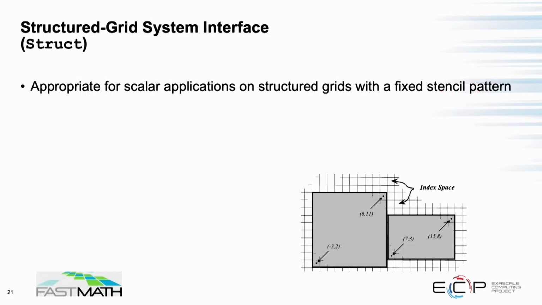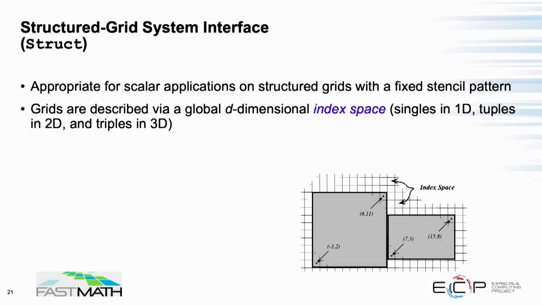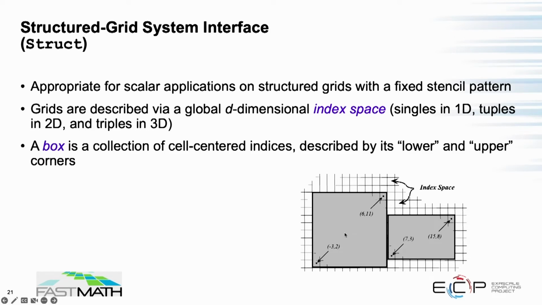Now to look more at the underlying data structure of the structured interface. We have a global D-dimensional index space, and we are able to define these boxes, which is just a collection of cell-centered indices, and you describe it by your lower and upper corners here.